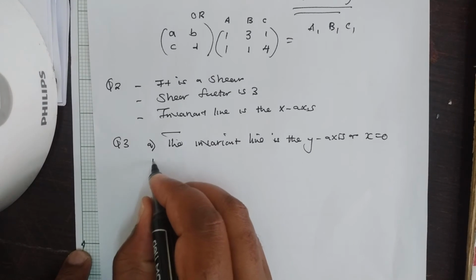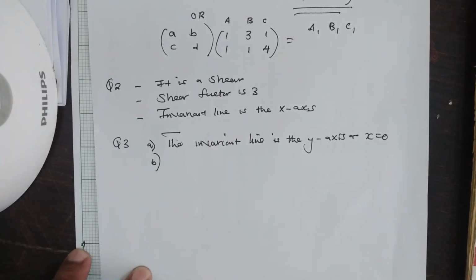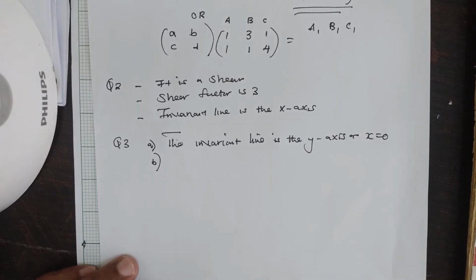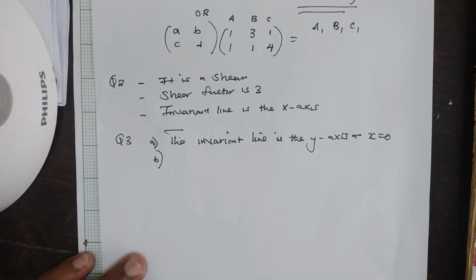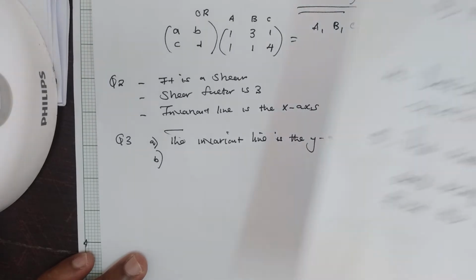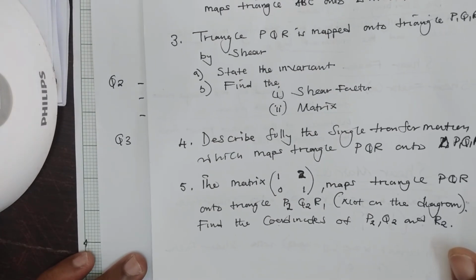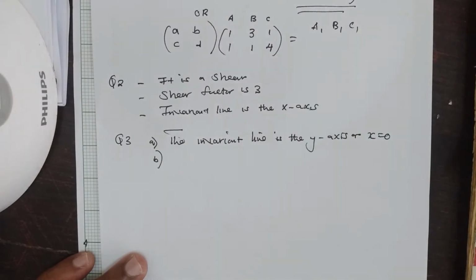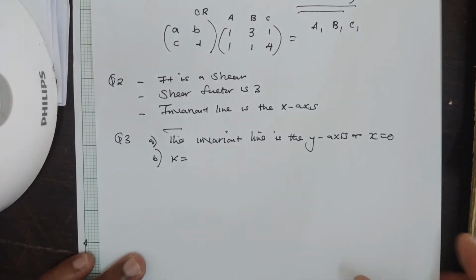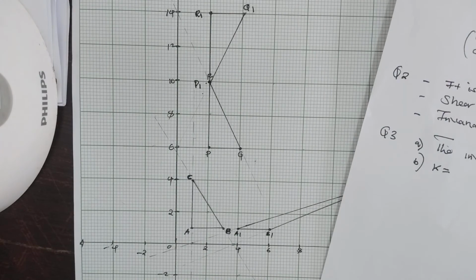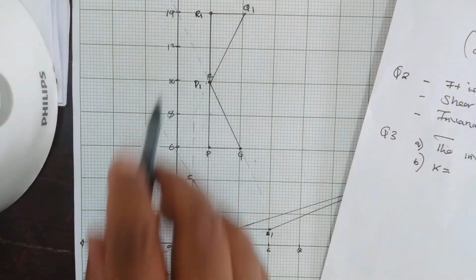Okay, so B. Let's look at the second one. Let's find the shear factor as well as the matrix. So we'll look at the shear factor here. Remember, we're saying the invariant line is the y-axis.